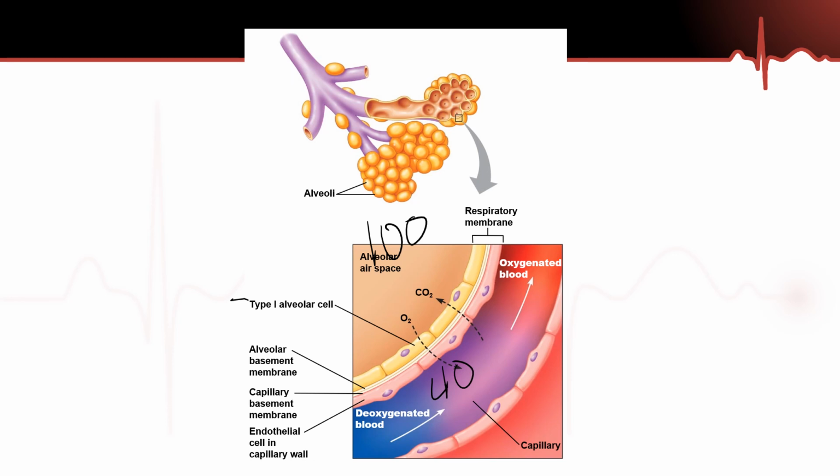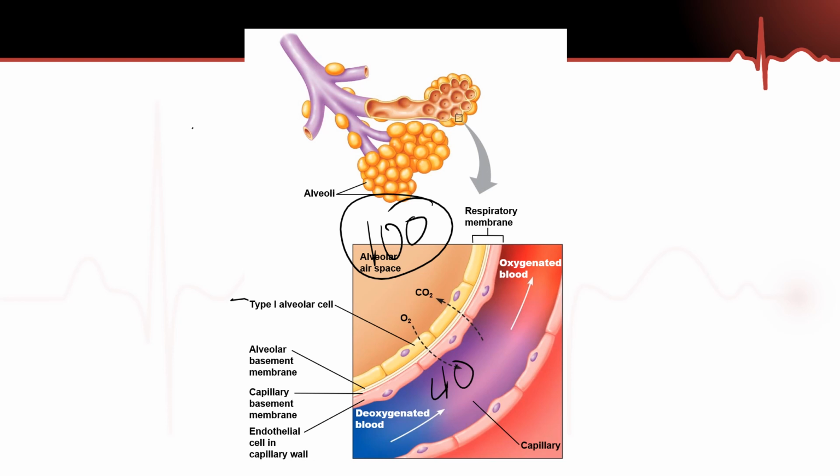And look at what we've got here. We've got a pressure gradient. Okay. What's the partial pressure of oxygen within the air in the alveoli? It's 100. What's the partial pressure of oxygen within the blood plasma of the blood in the pulmonary capillaries? Well, it's 40. That's a pressure gradient. Right?